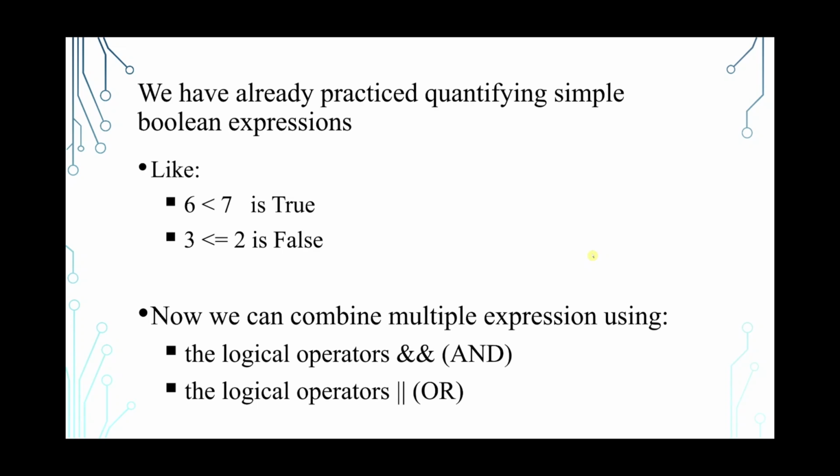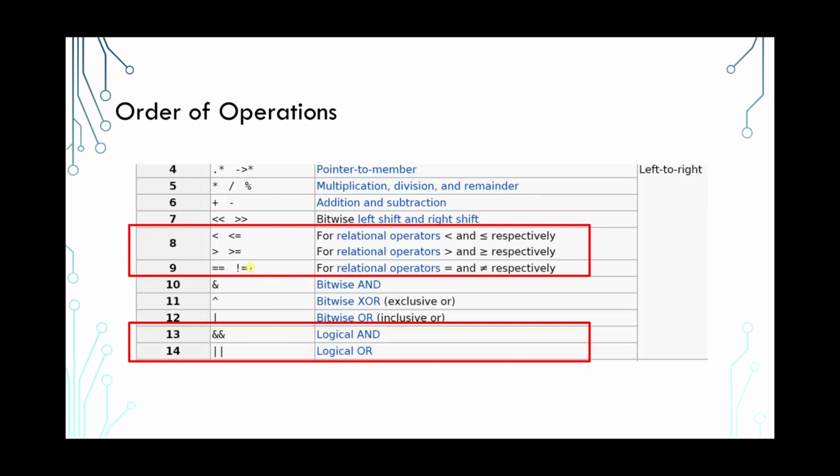So we have already practiced evaluating simple Boolean expressions, like is 6 less than 7, and that is true. Is 3 less than or equal to, that is false. So now we can combine multiple expressions with logical operators like the logical AND and logical OR. So here is the order of operations. You usually do the sub-expressions with less than or equal, greater than or equal, equal or not equal.